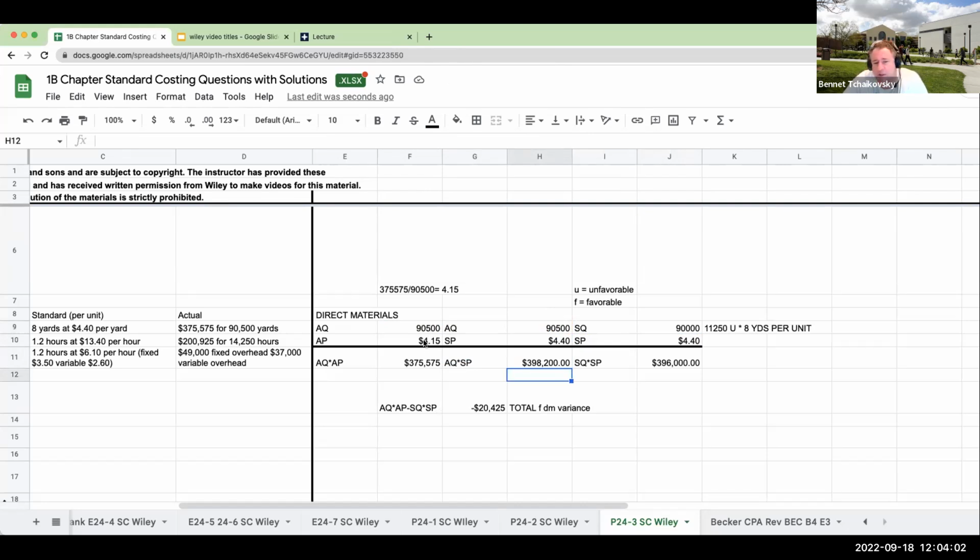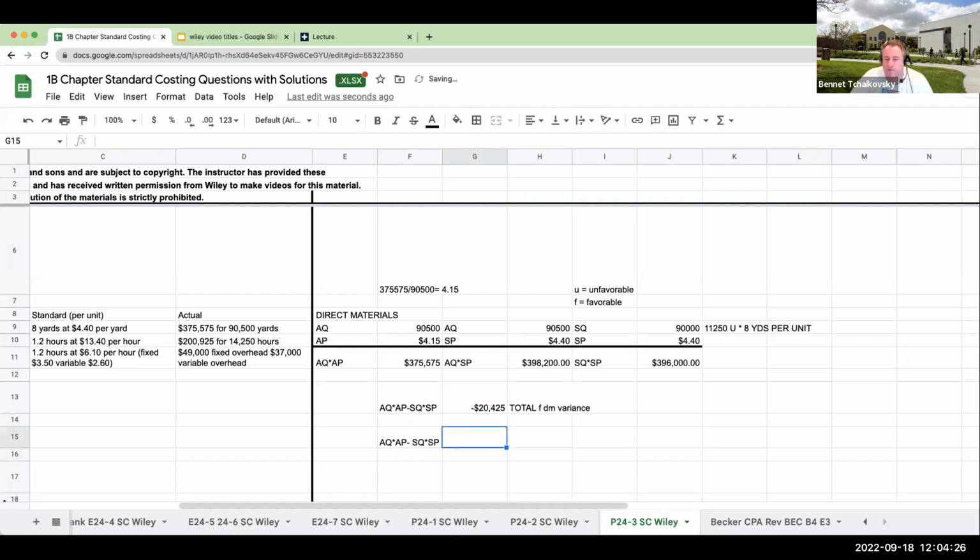I paid less per square yard than I had budgeted, but I used more than I had budgeted for at that particular quantity. So to get down to the individual ones, actual quantity times actual price minus standard quantity times standard price.